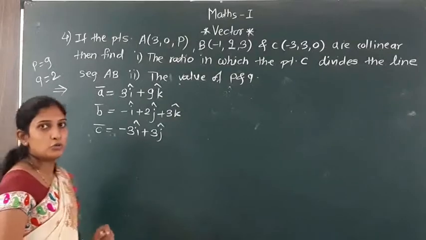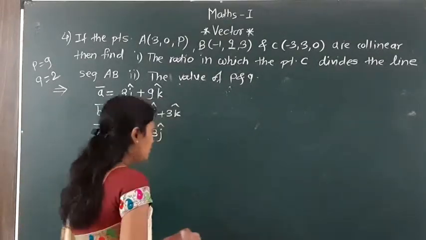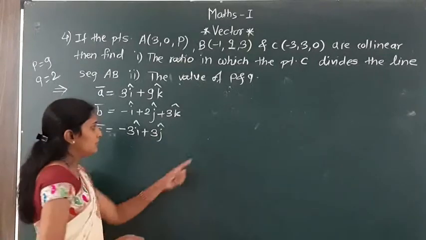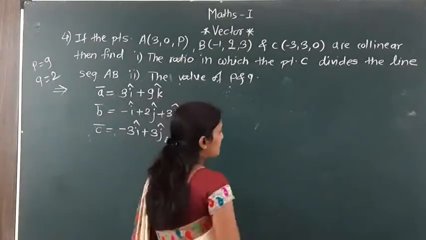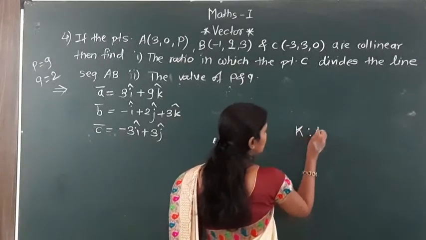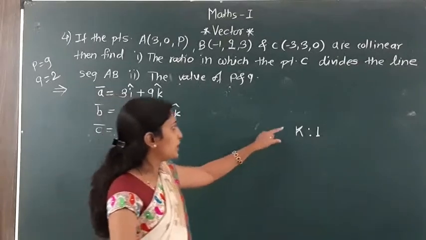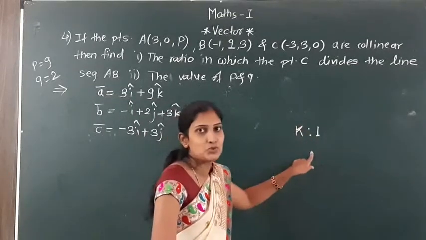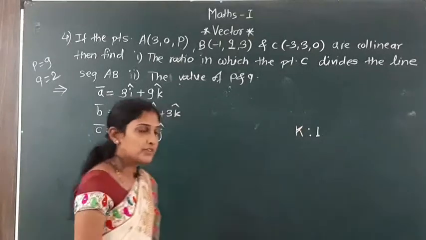Now we have to find out the ratio in which C divides AB. In the note, we take the ratio as k is to 1. Whenever they ask for the ratio, we take the ratio k is to 1 and find out the value of k.